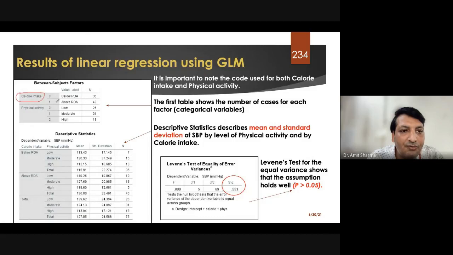The last category is 1, which is above RDA. This will act as the standard. And in physical activity we have three groups: low, moderate, and high. So high will be considered as the standard.